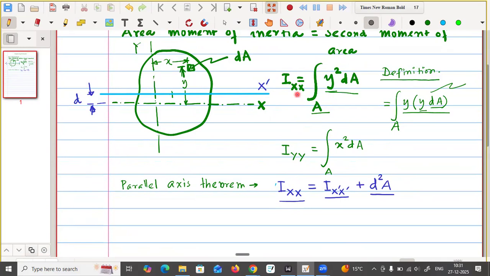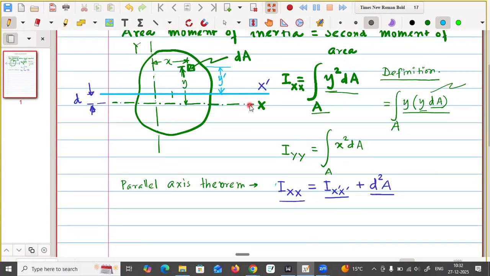So you can give a different color for that. So say this is y prime. That means the same area has a distance of y from the x axis and y prime from the x prime axis.